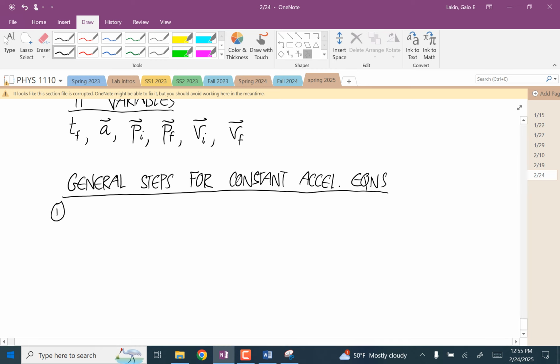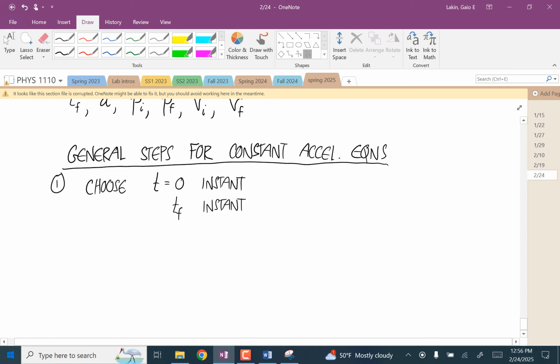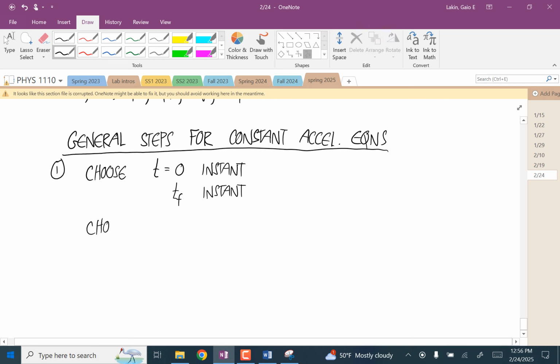So we're going to choose, time still means the same thing, so we're still going to choose an instant for time equals 0. That's when you turn the stopwatch on. We'll choose an instant for time final. We'll choose an origin location. And again, in the real world, you can think of this as a sticker that you place somewhere.